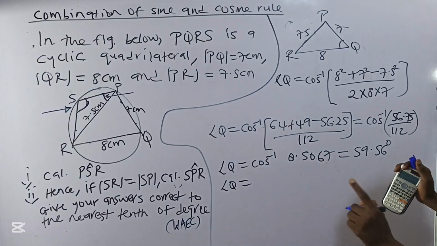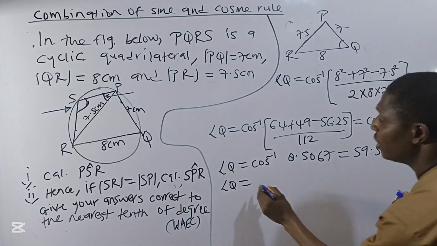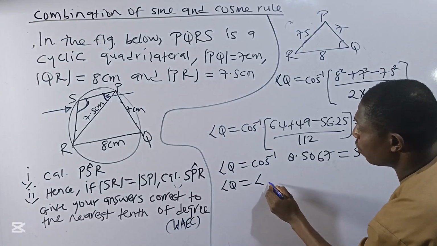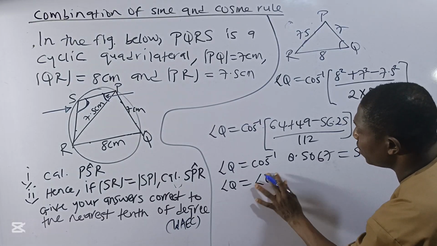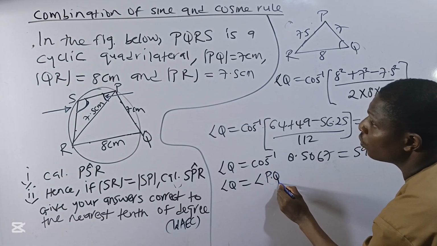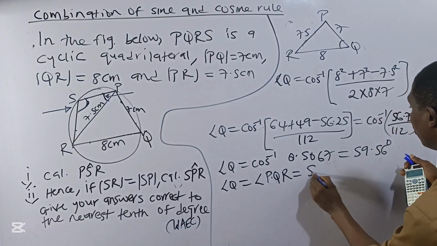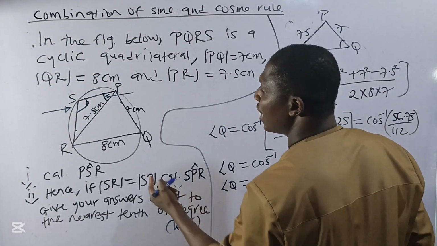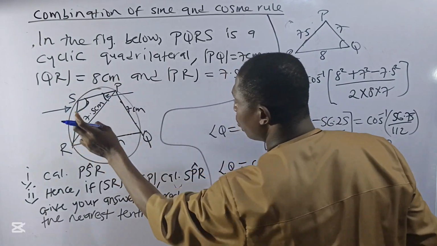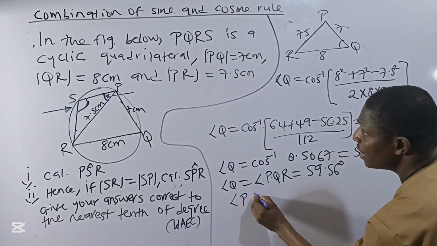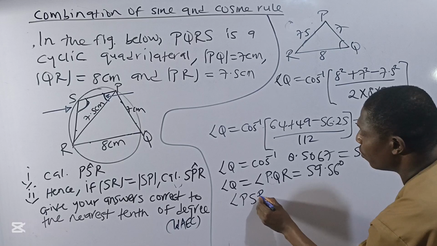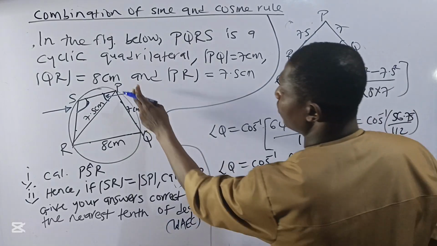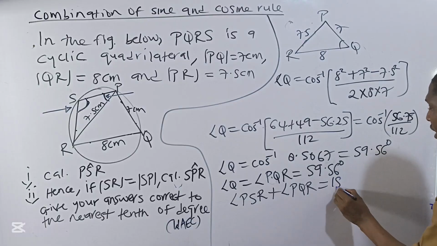If you want to write it in the standard way, angle Q here is equal to angle PQR, which equals 59.56 degrees. Now, you must know that angle PSR, which we are looking for, angle PSR plus angle PQR will be equal to 180 degrees.